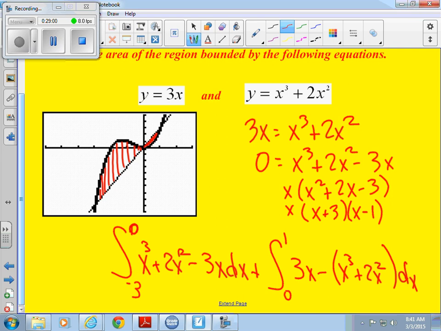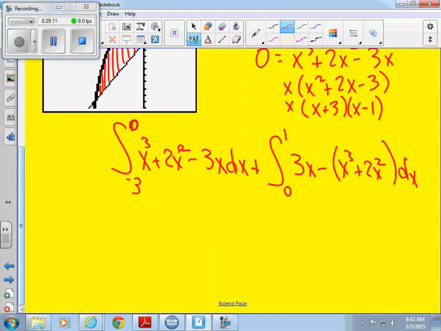Really doable. I just missed it. Sorry. I'm thinking too far ahead. Anyway, any questions about that one? We do need two separate integrals though on that one.